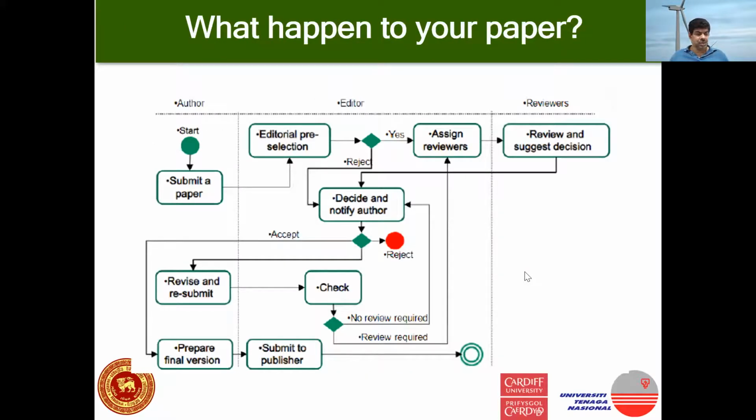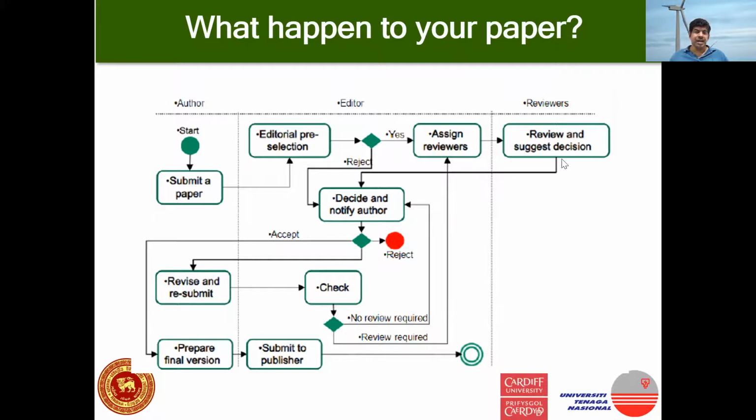So this is the journal cycle. You submit a paper, the editor will do a pre-selection, and the editor can straight away reject your paper and notify the author, or assign reviewers, and the review process will start.